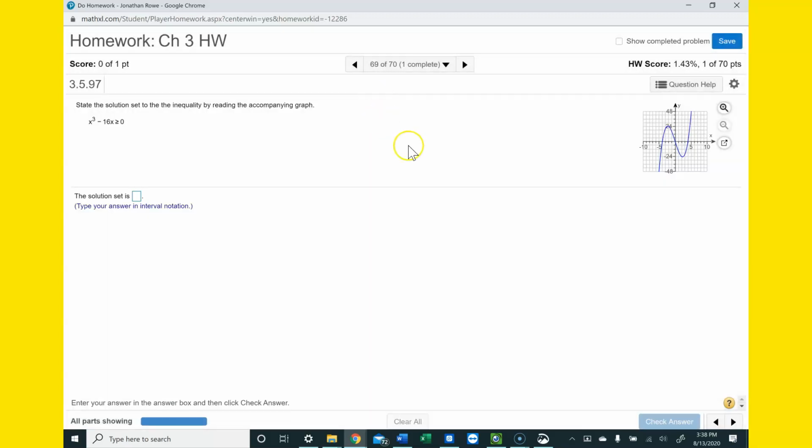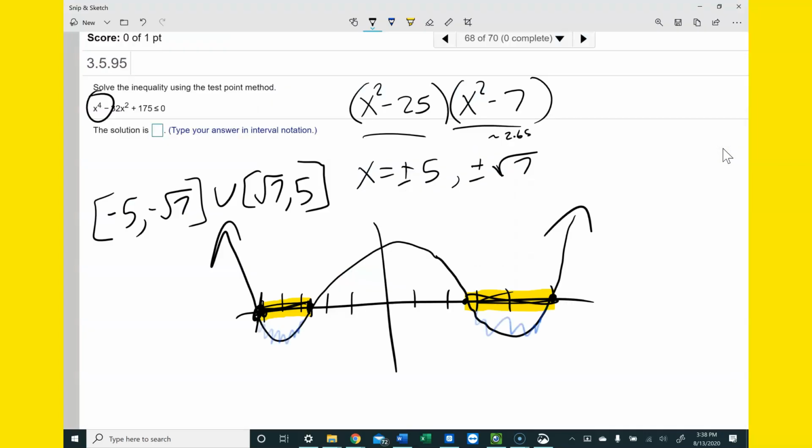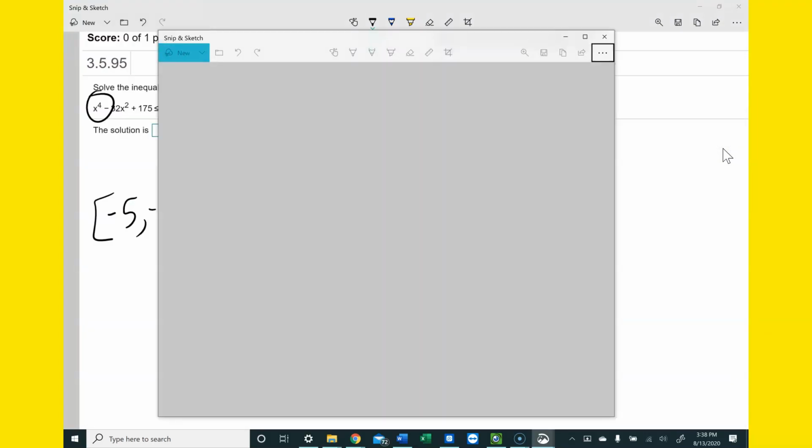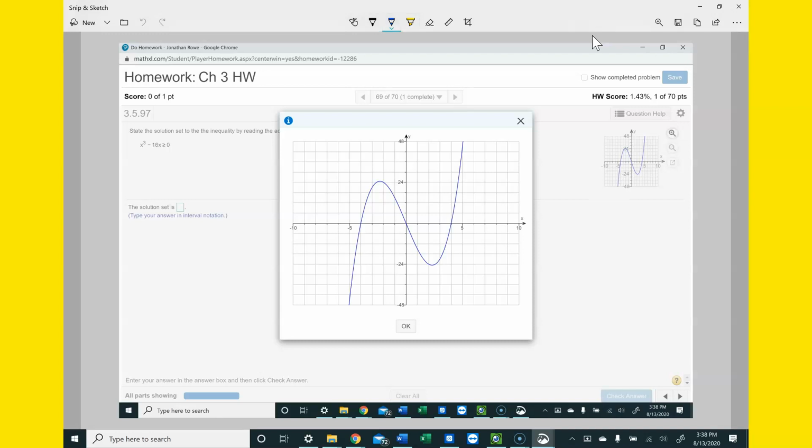Moving on. All right, these last couple give us the graph, which is nice because I don't have to do any solving by hand. I can just solve this in the graph. So let's look at the graph. Let's solve it. We're looking for where this graph is greater than or equal to 0. Where is it greater than or equal to 0?